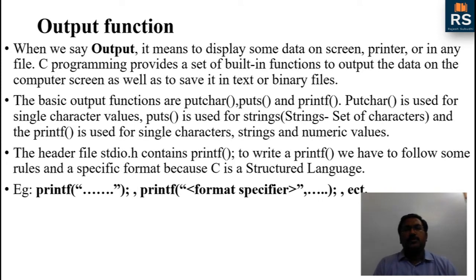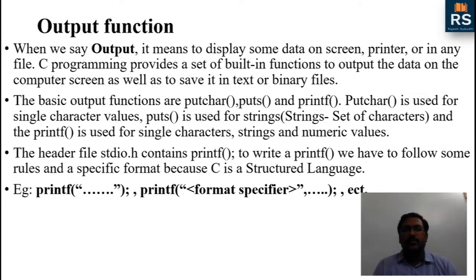So what is output? When we say output, it means to display some data on screen, print, or write to any file. C programming provides a set of built-in functions to output data on the computer screen, as well as to save it in text or binary files. As I mentioned in my previous videos, C has some built-in library functions, and within those we also have functions to output our result.